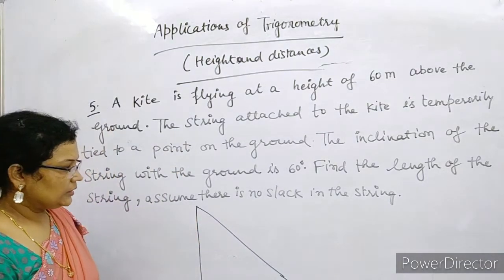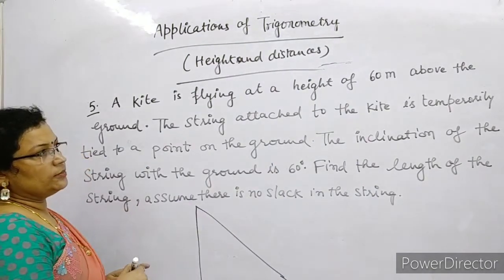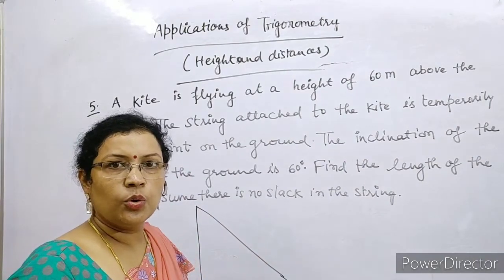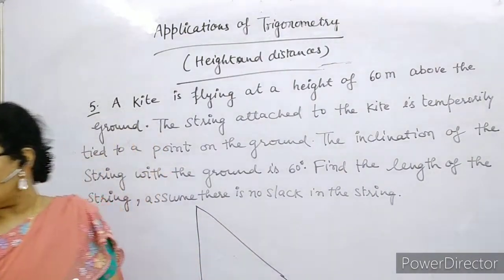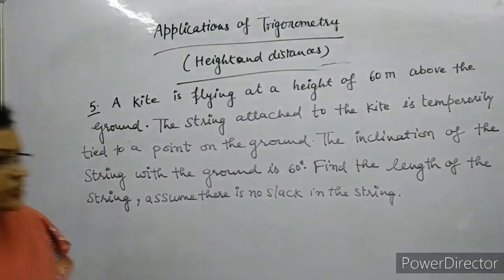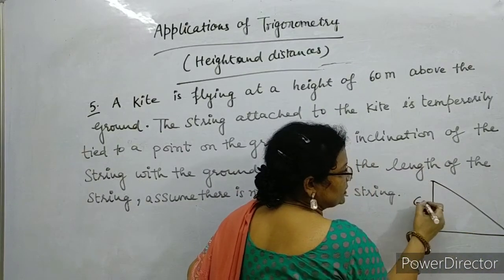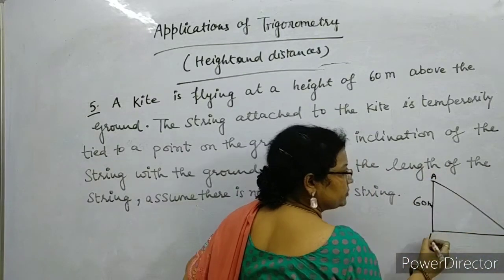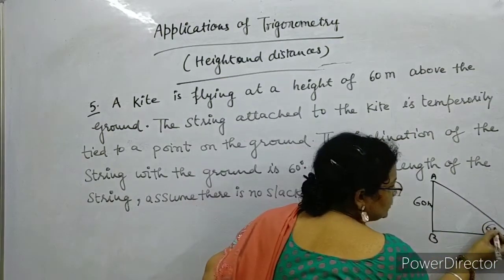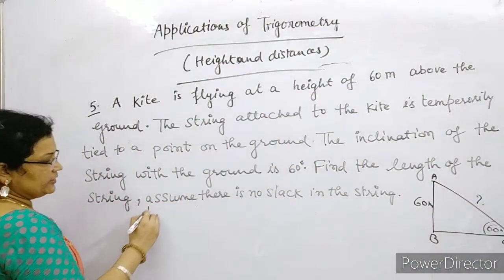Let me draw the diagram properly. The height is 60 meters and the angle is 60 degrees. We have to find the length of the string.